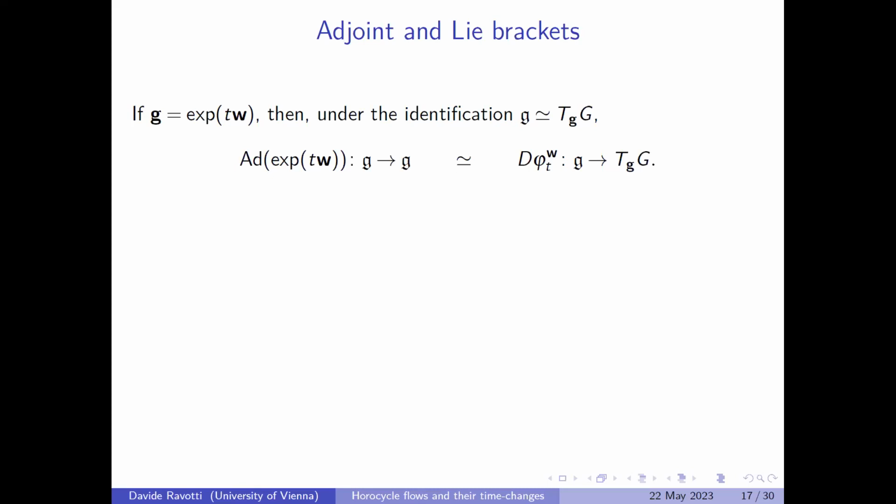And this is an automorphism from little g to itself. But under the identification of the tangent space at the identity with the Lie algebra, the adjoint actually coincides with the differential of the time t map of my flow.